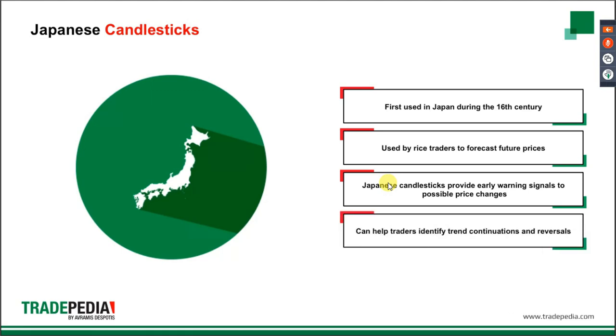Okay, and these patterns comprise one candlestick or more than one of them, and they help us to identify trend continuations and reversals. But just to share a little bit personally, I don't just trade on pure candlesticks. I know there are some people who just trade based on candlestick patterns, but I haven't found it to be extremely effective, which is the reason why.